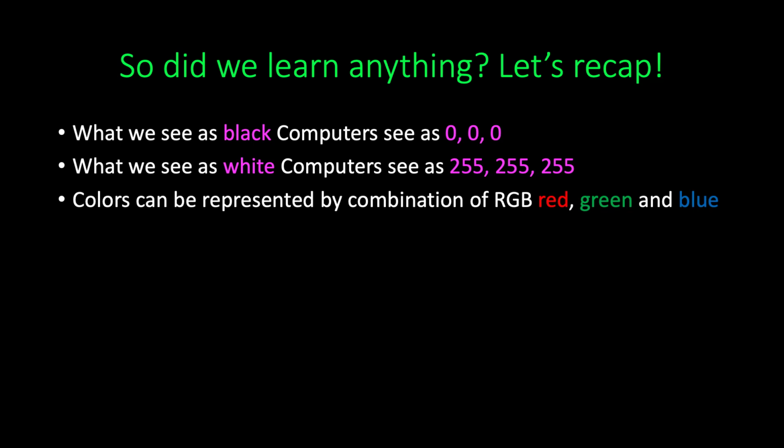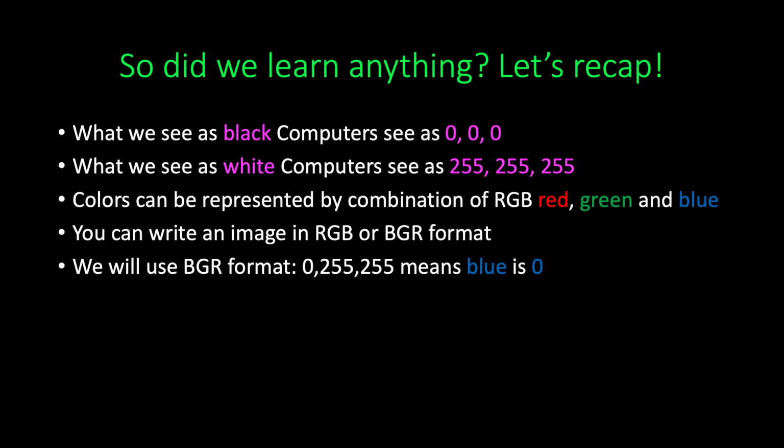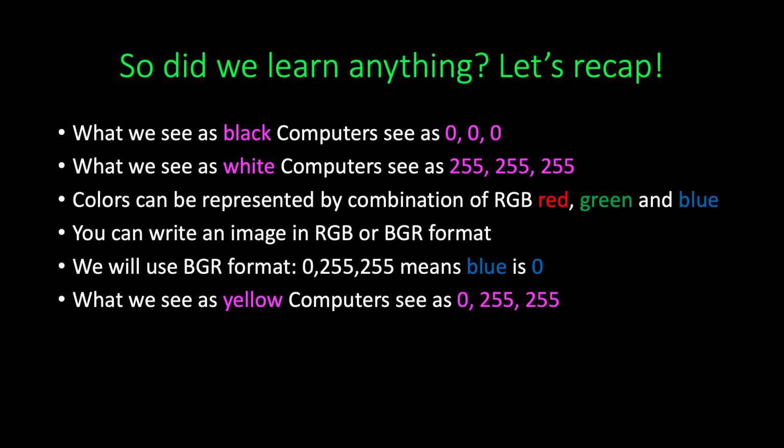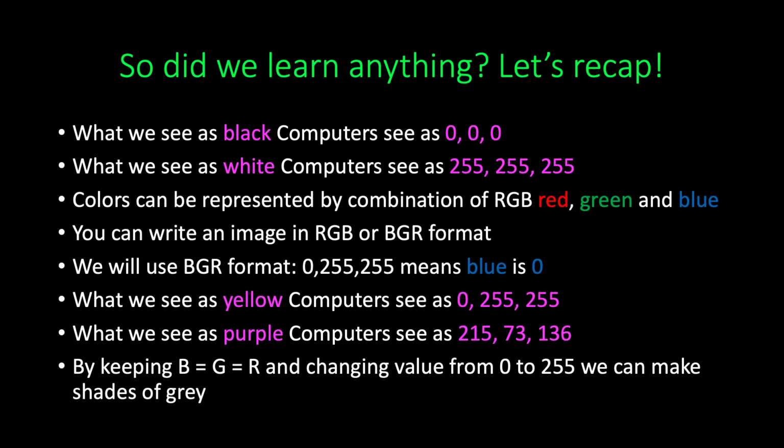Colors can be represented by combining red, green and blue, and you can write an image in RGB or BGR format, and we use BGR for OpenCV, and 0, 255, 255 means blue is 0, and if you want to make yellow, just make blue as 0 and make red and green full 255 values, and you will see yellow. If you want to make purple, just play around with numbers, and by keeping BGR same and changing values from 0 to 255, we can make shades of gray as shown right here.